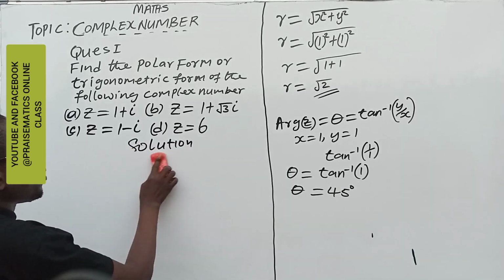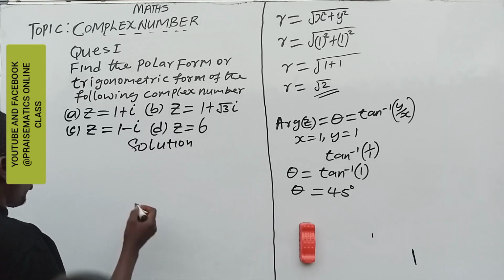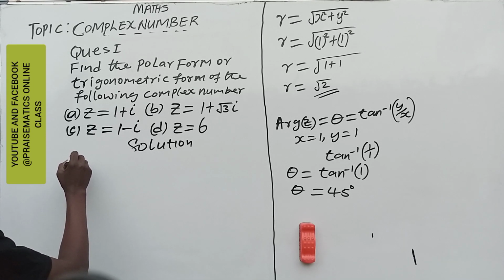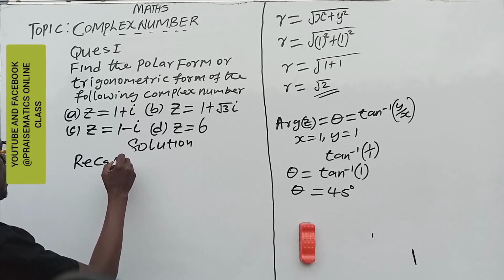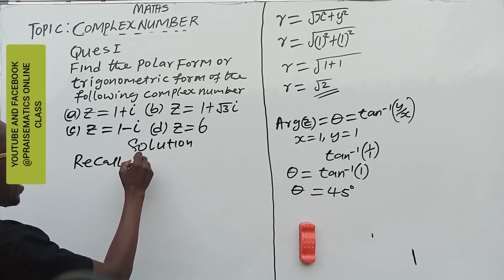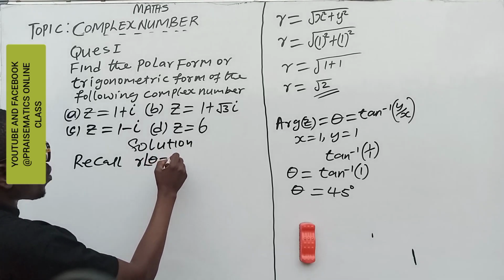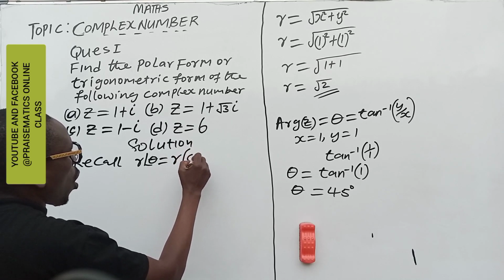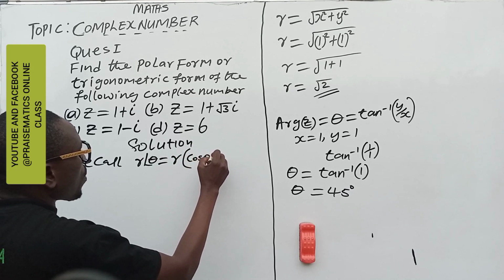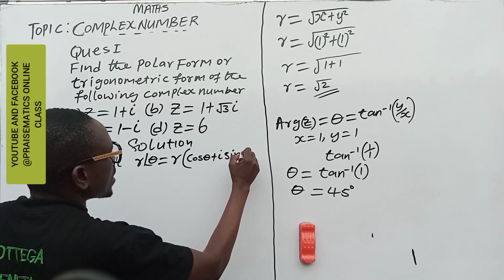Recall that the polar form r theta is equal to r into cos theta plus i sin theta.